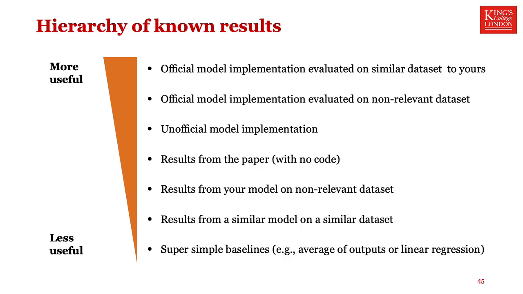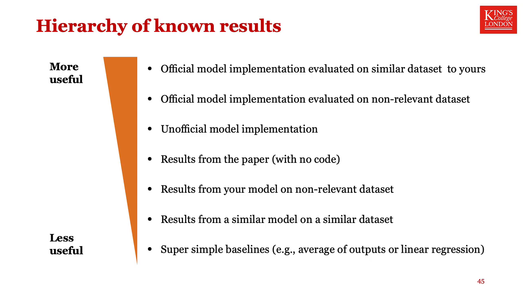If you now have an unofficial model implementation, these are very common in the deep learning world. Some researcher somewhere decided to re-implement a highly cited paper in a framework that no one has implemented before. Let's say the official authors implemented their code in TensorFlow, and someone re-implements the same code in PyTorch.